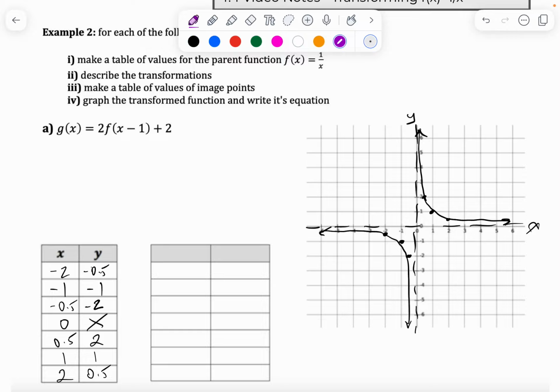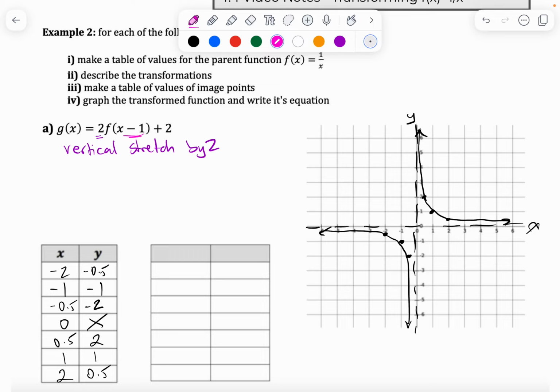Describe your transformations. So this 2 makes it a vertical stretch by a factor of 2.